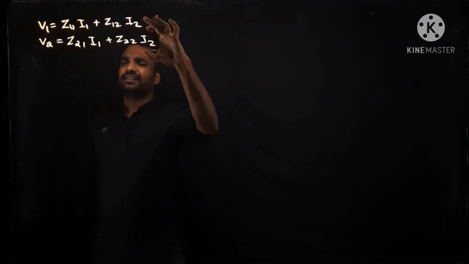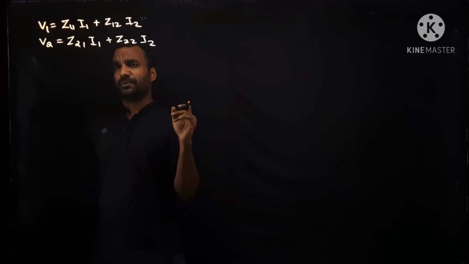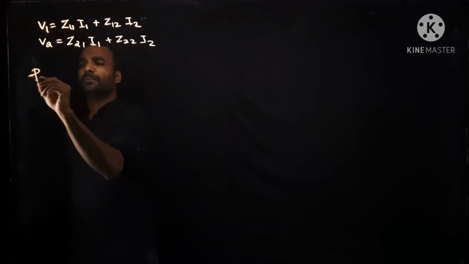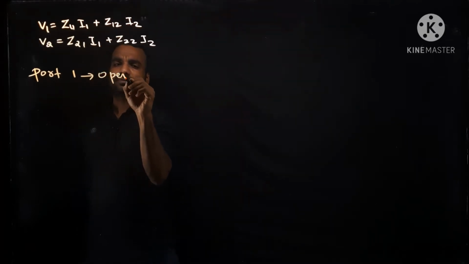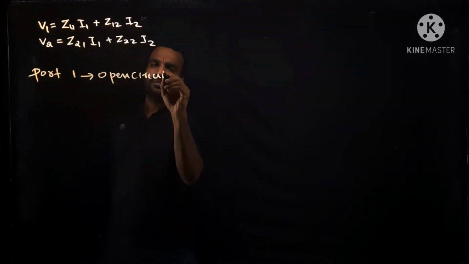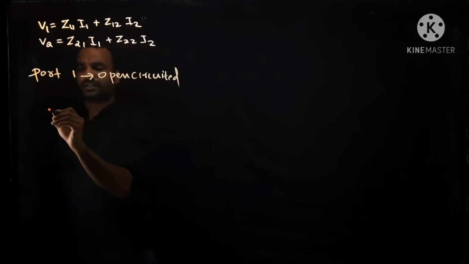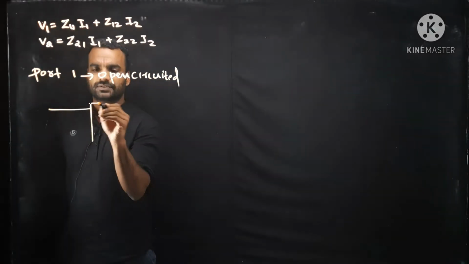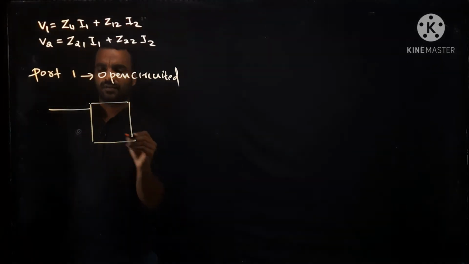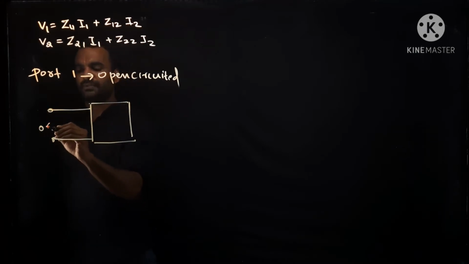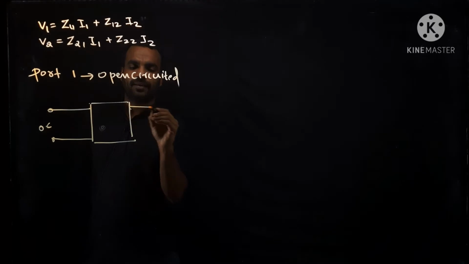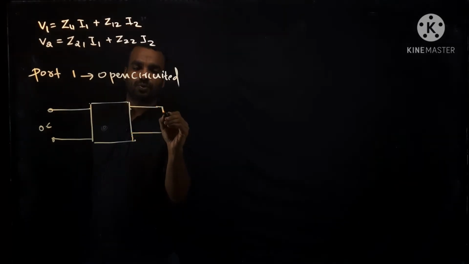Now we are going with the other side. Initially we made secondary side or port 2 open circuit. Now we are making port 1 open circuit. Port 1 open circuited. What is the condition? This was the figure where I am making port 1 open circuit, and I am connecting a voltage source or current source in the secondary side or port 2.